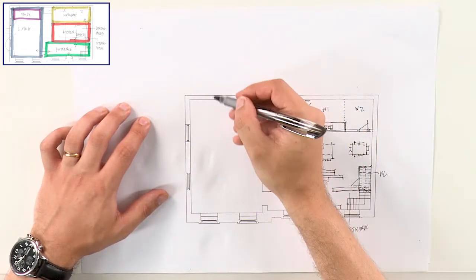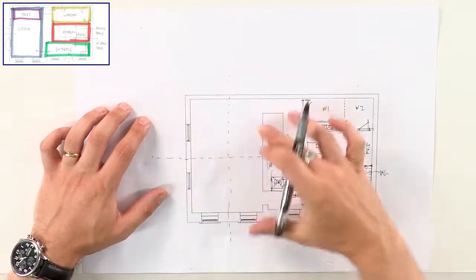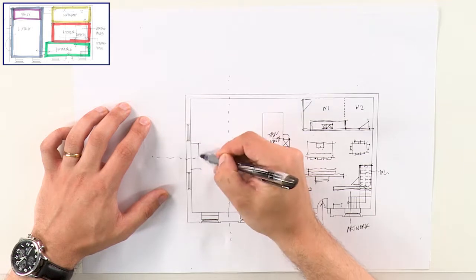Here you'll see me splitting up the room with axis. This is often a very overlooked part of design, but something that's so simple to create an elegant and symmetrical piece of layout.